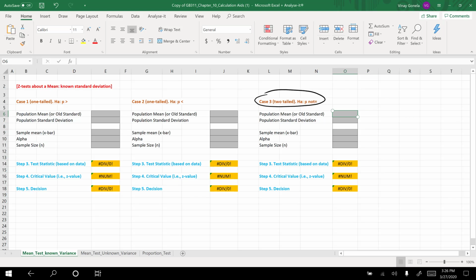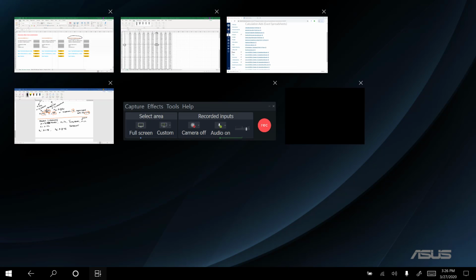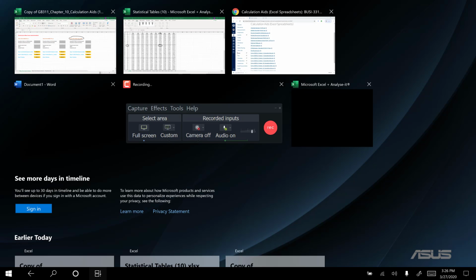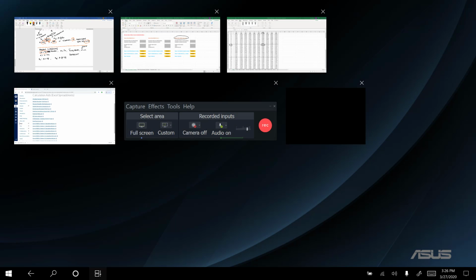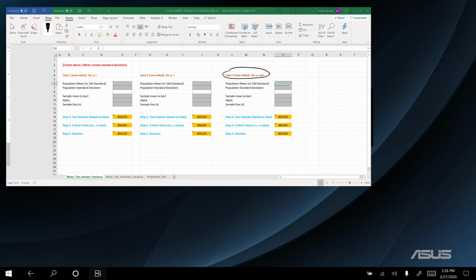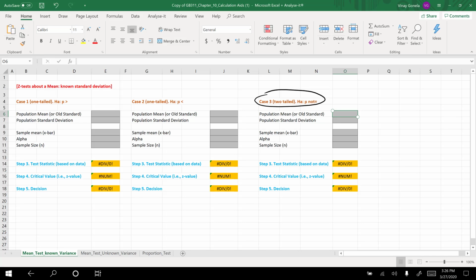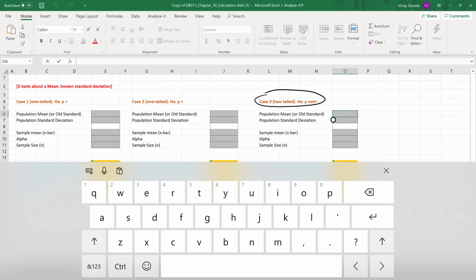So let me see what the population mean is. The population mean is given as 98, so I will type the population mean as 98.